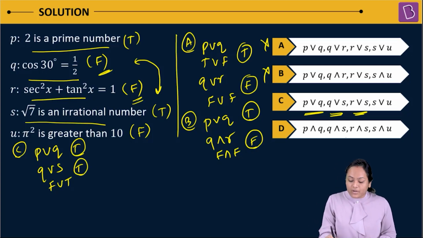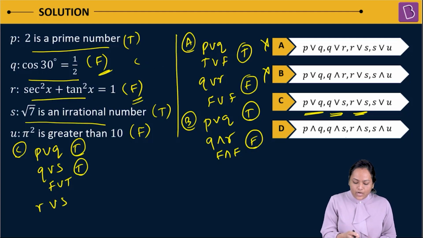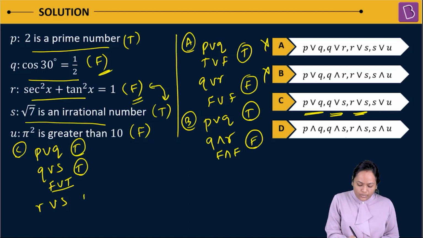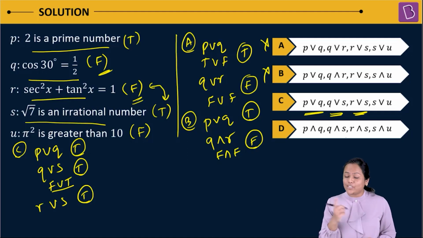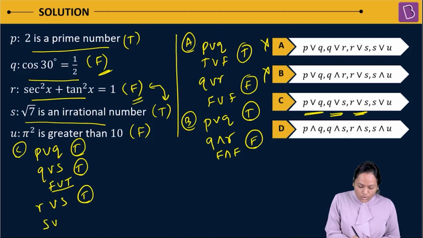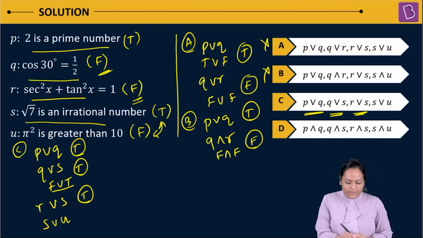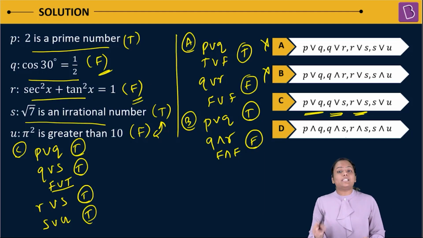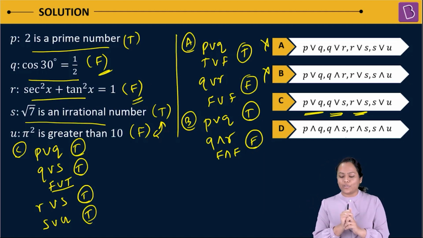Then I have R or S. In R or S, I have again false or true, which we have just seen will be equal to true, right? And lastly, I have S or U. So S or U will give me what? It's going to give me T or F. And we have seen that T or F is true. So this is definitely a valid statement because all are true. So answer definitely should be C.